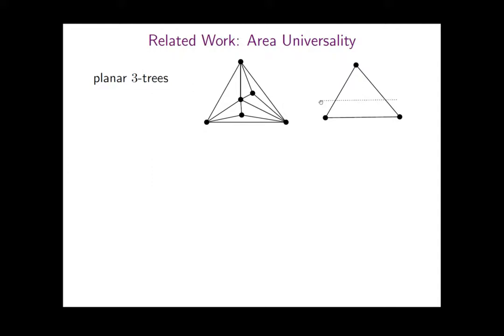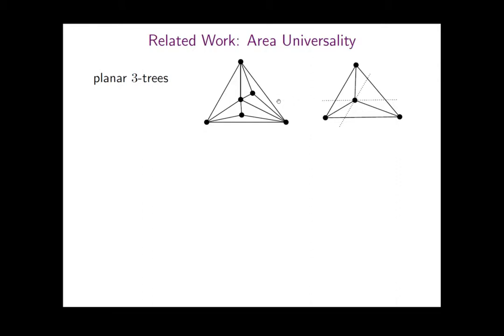Because of the lower face, the vertex must be on this line parallel to the lower side, and the same for the left side. Then only one spot remains where I can put this vertex to make the right area for this face and the right area for that one. Since I drew the outer triangle correctly, this will also have the right area. And then you continue inductively.